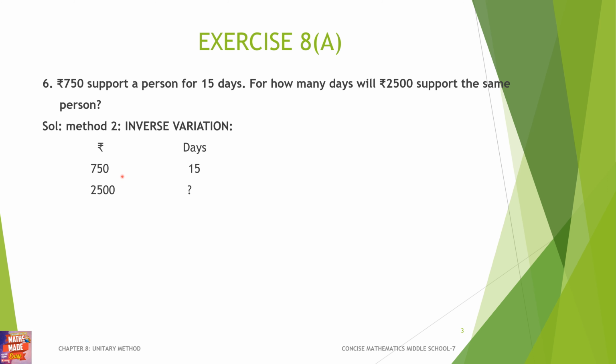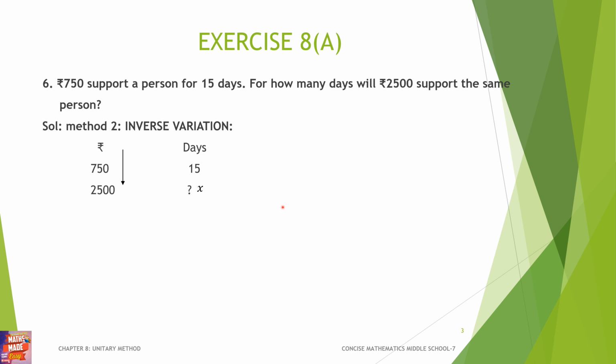Now you need to draw the arrows. Here it is 750 and here it is 2500, so you can draw a downwards arrow.